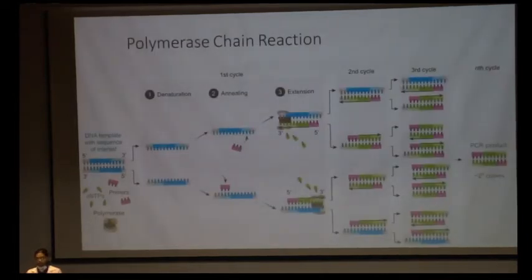So the first most common technique used in genetic laboratories for genetic testing is the polymerase chain reaction. This is a technique we use to isolate a particular sequence of DNA from a complex mixture of DNA. So this requires primers, which are designed to bind to the DNA complementary to the target region we are interested in, deoxynucleotide triphosphates and a polymerase.